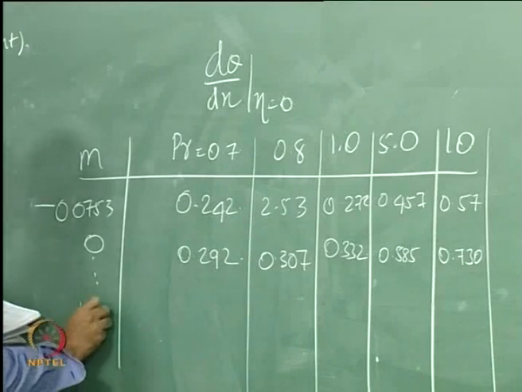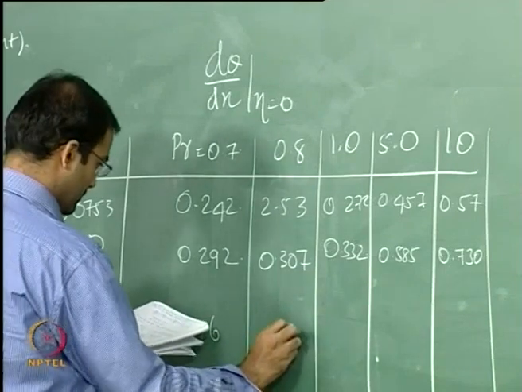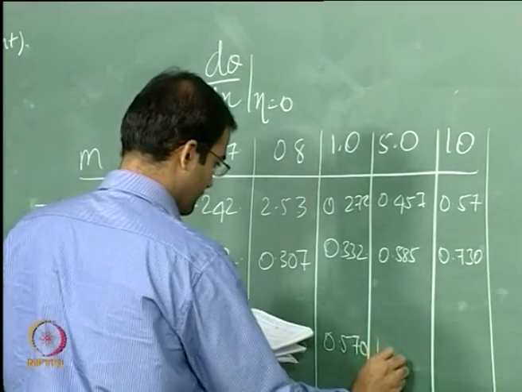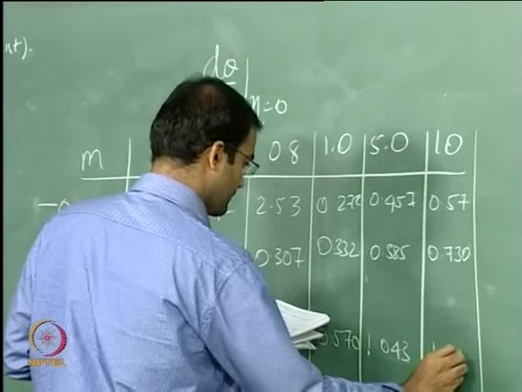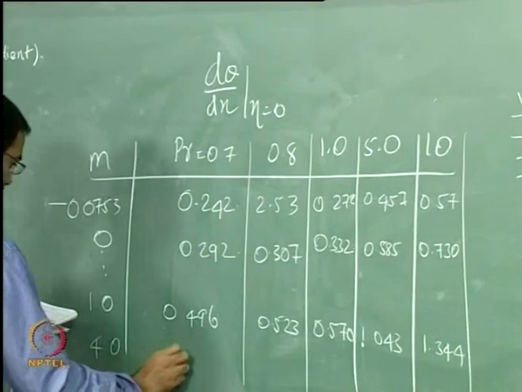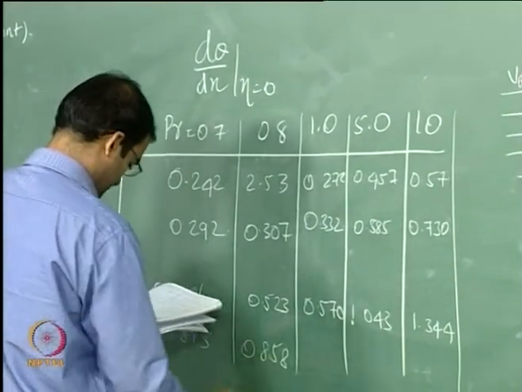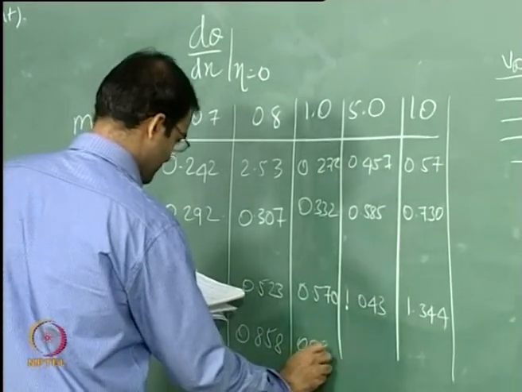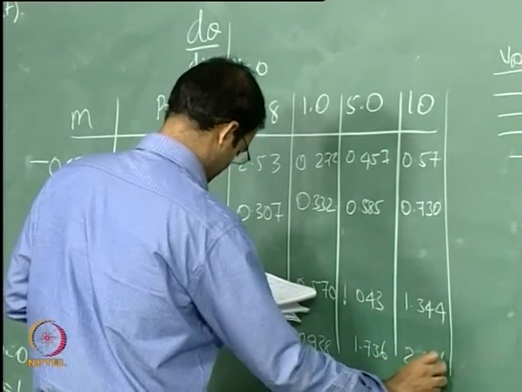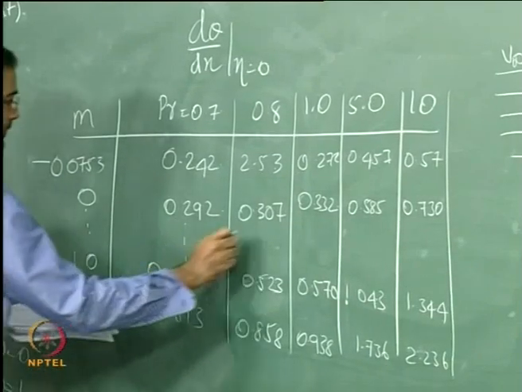If you go to m equal to 1, the stagnation flow, 0.496, 0.523. Okay, so these are some kind of values.